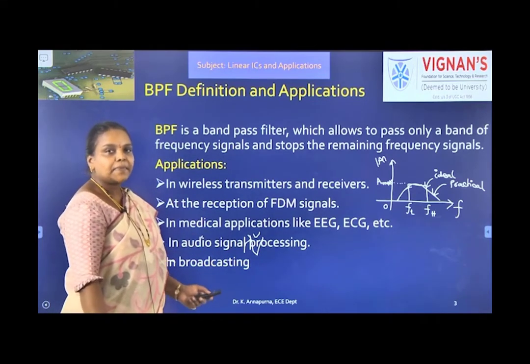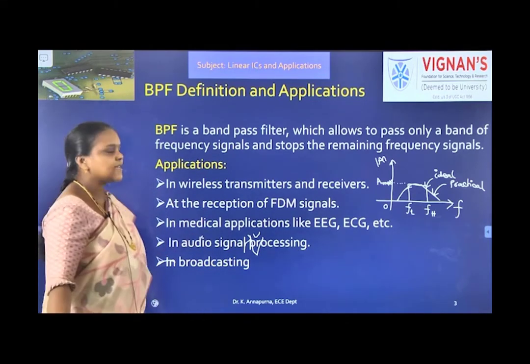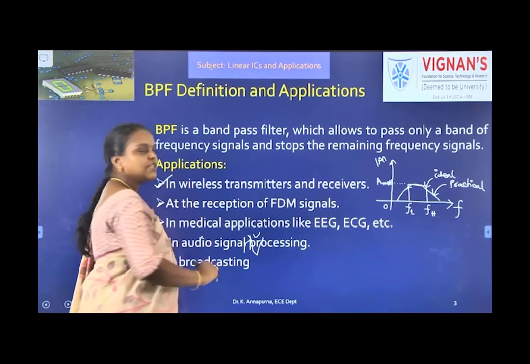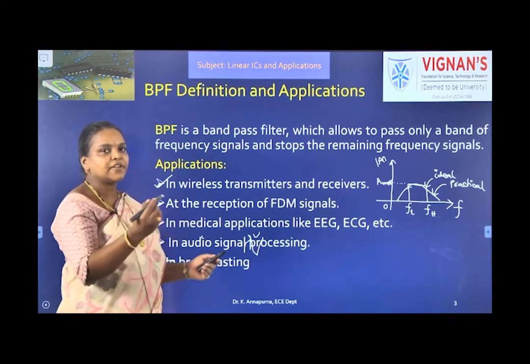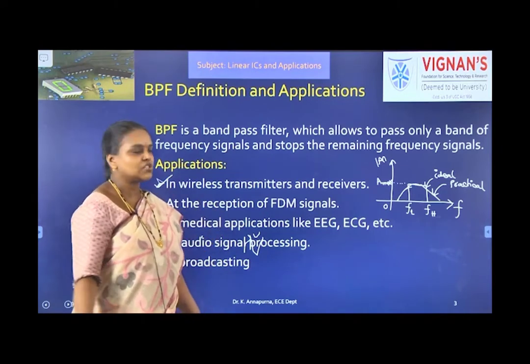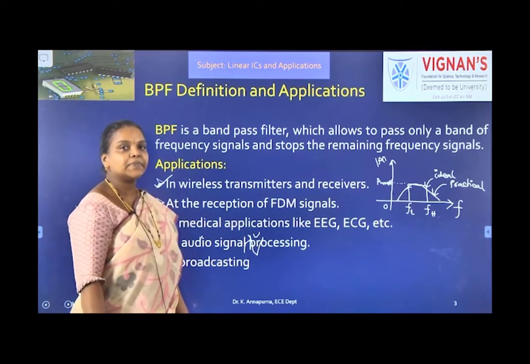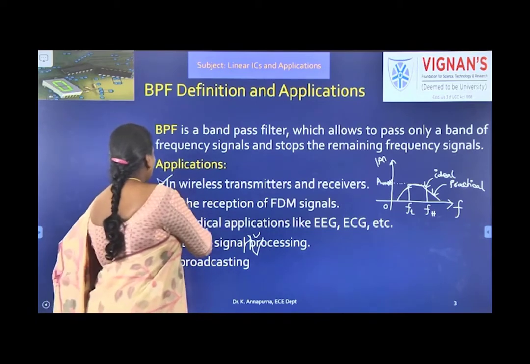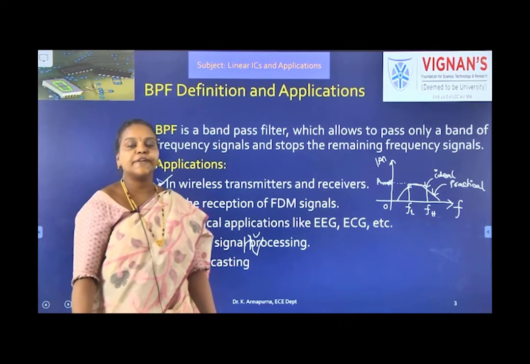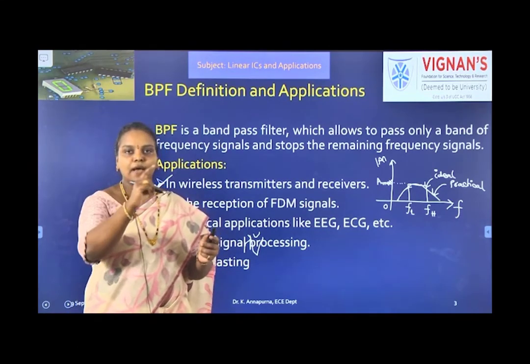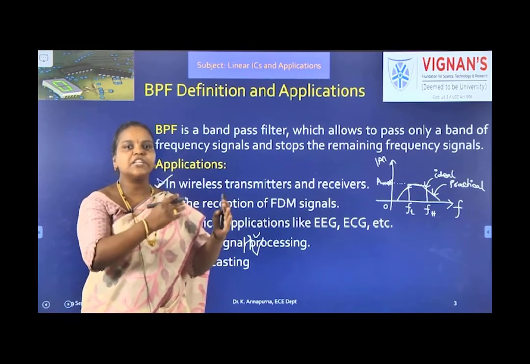And coming to its applications, in wireless transmitters and receivers, we use bandpass filters to separate the frequency signals, and at the reception of frequency division multiplexing signal. In analog communications, you have studied frequency division multiplexing. Actually, you are having one channel and there are multiple users.